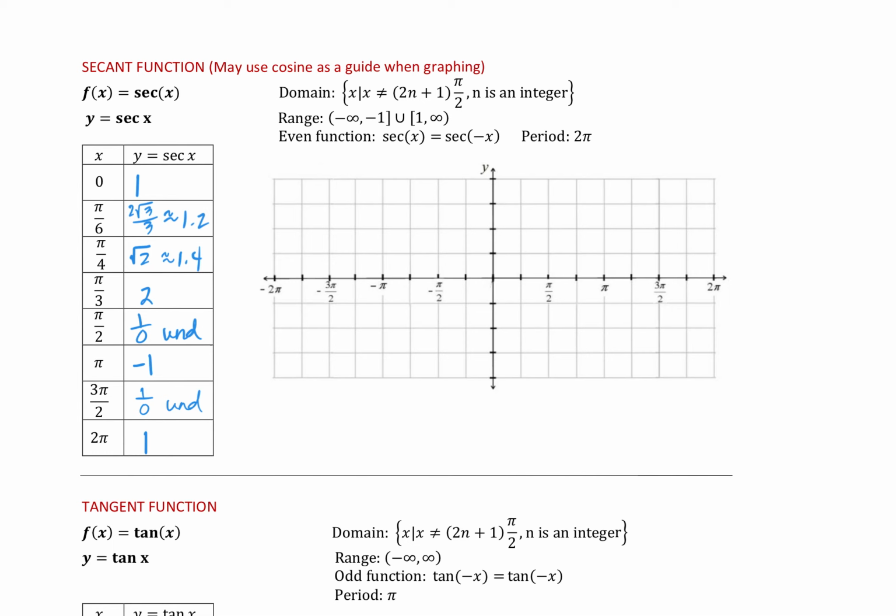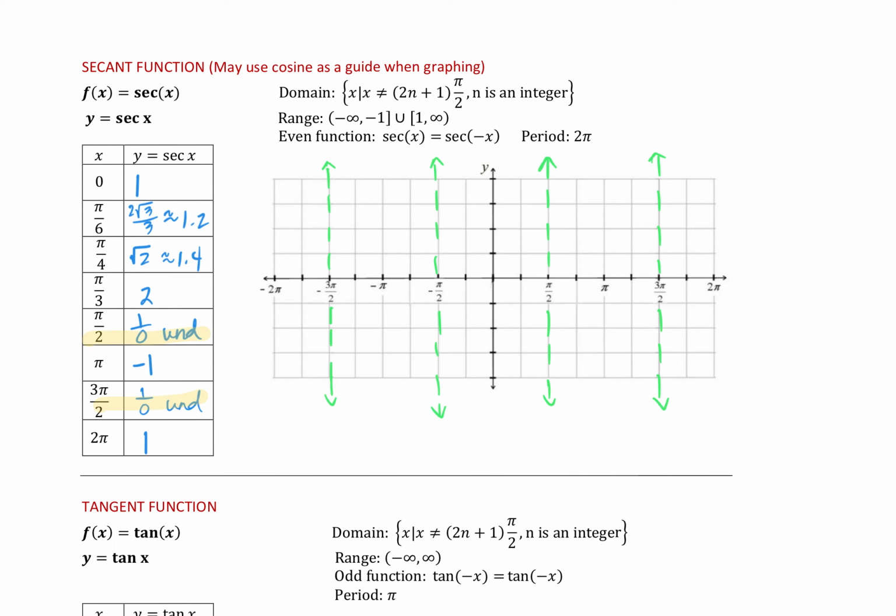So same idea, wherever you see undefined, that's where you're going to have your asymptotes. In this case, it's pi over 2 and 3 pi over 2. And if we were going in the negative direction, negative pi over 2 would also give me a cosine value of 0, so the reciprocal 1 over 0 would mean that secant is undefined.